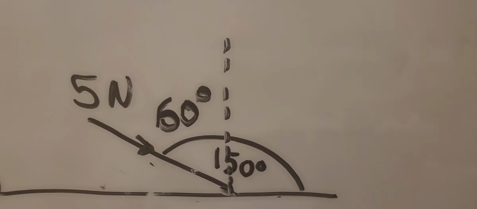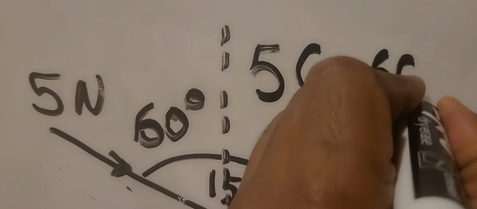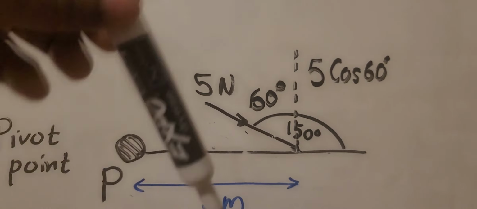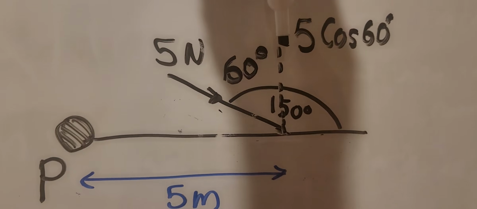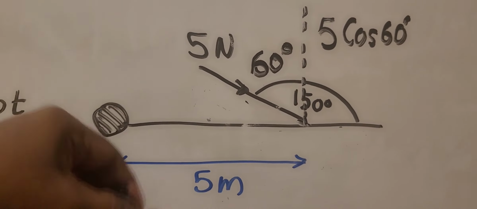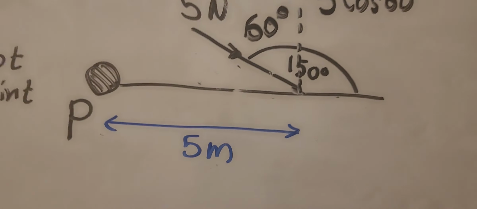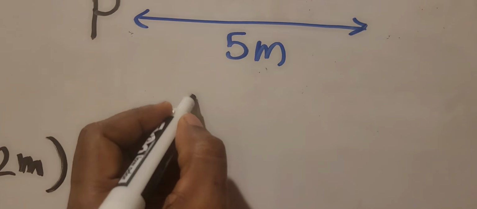So when we look at this component, that's the perpendicular component. That's going to be the 5 cosine 60 component. And this will create a torque that is what? That's going to be clockwise, so it's going to be a negative torque. Here I'm going to do it quickly.